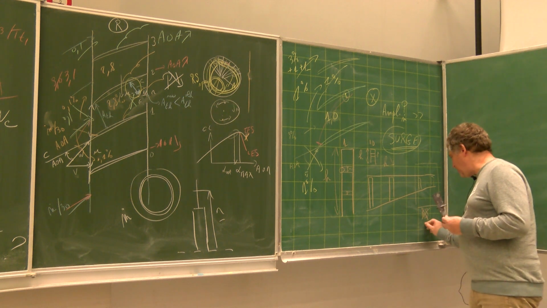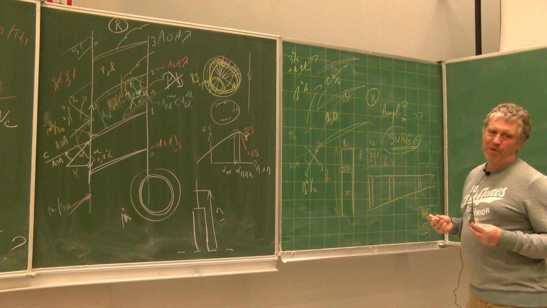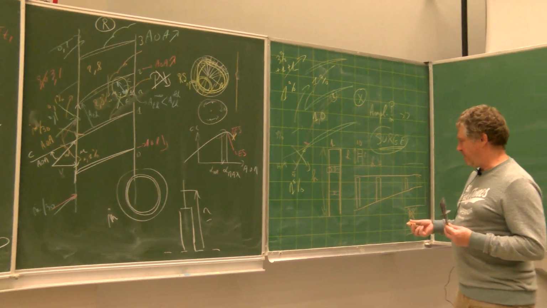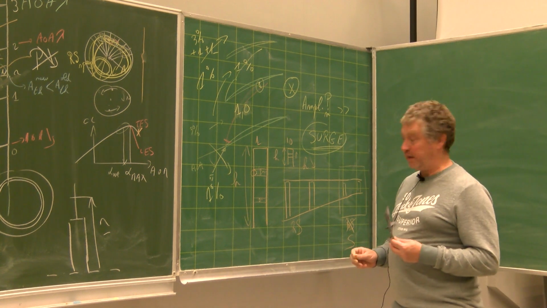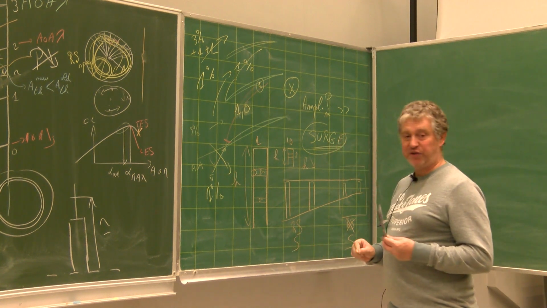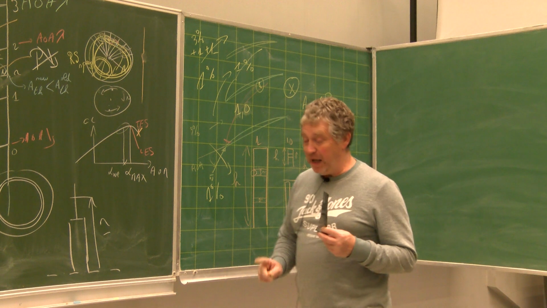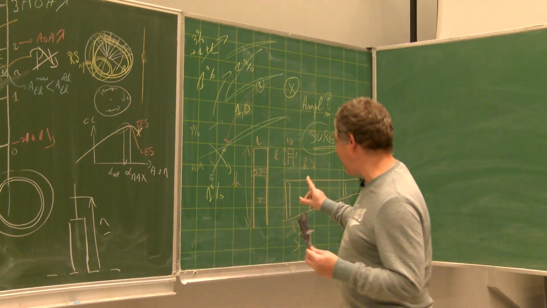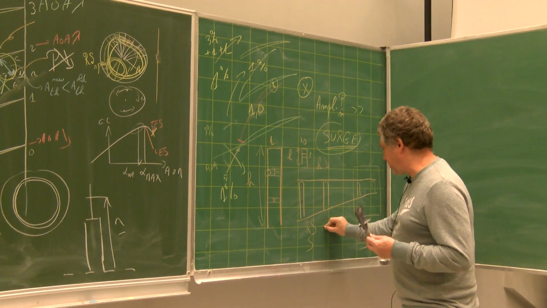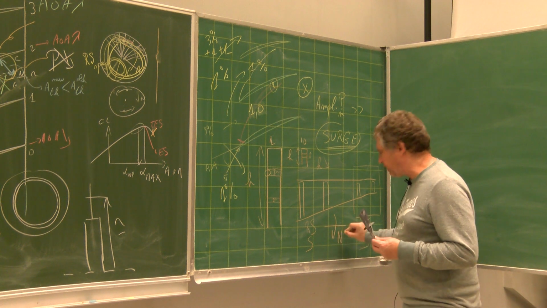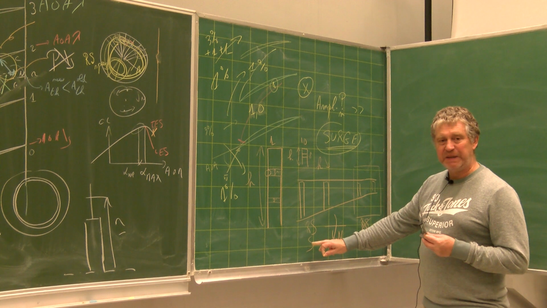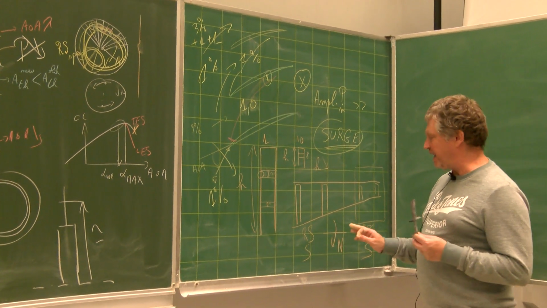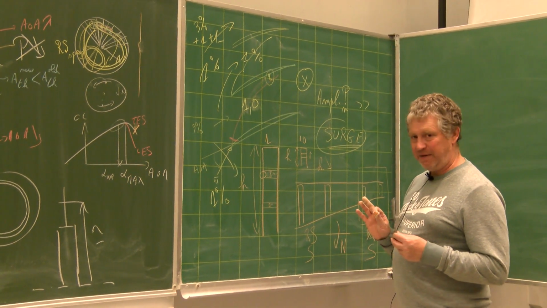In the last stages, you will have most probably surge. Whereas in the first stages, you could have rotating stall and you could have surge. Be careful, I'm speaking about the first stages and the last stages. I'm not speaking about the rotational speed, because the rotational speed there and the rotational speed here is the same. I'm speaking about the stages, okay?